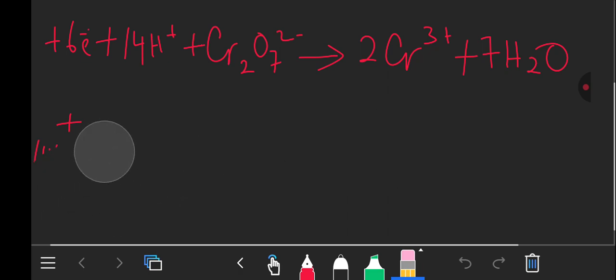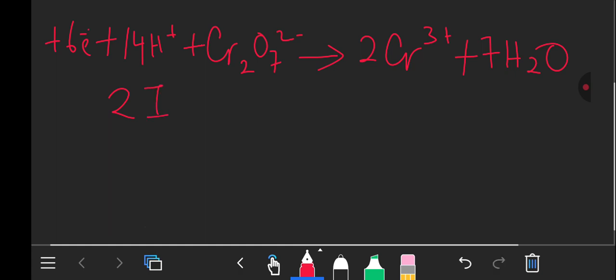Then let's balance the second reaction, which had oxidation. So the second reaction which we had was iodide. Okay, let me write it here. So it was iodide with a 2, as this one was already balanced.